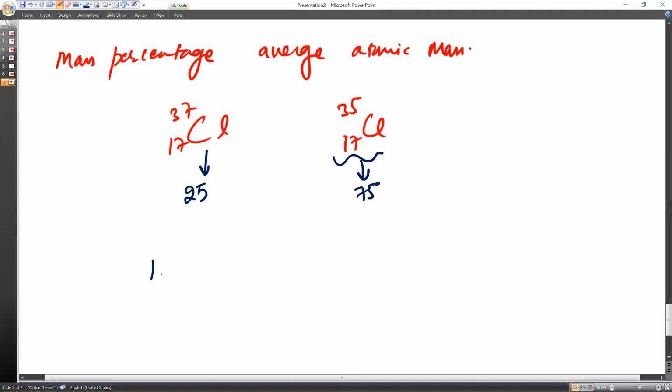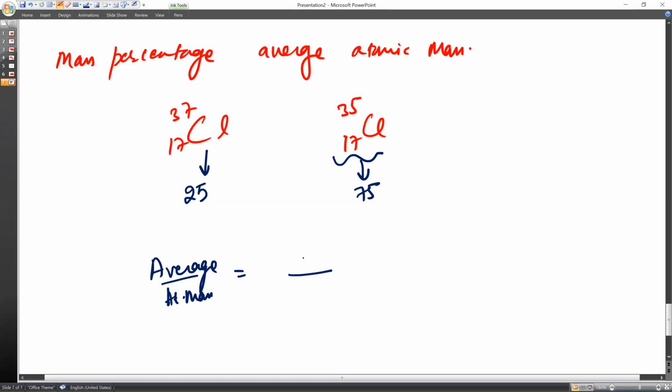So the formula for this one, because we just calculate the average atomic mass, is the mass of the first isotope into its percentage.